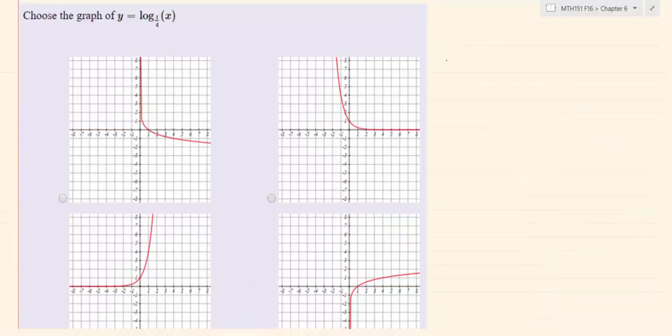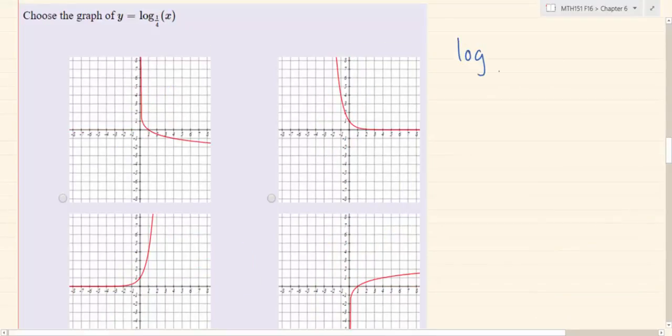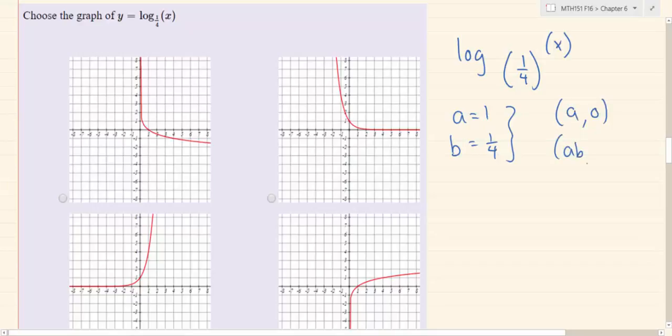So this one is log base 1/4 of x. A is equal to 1, b is equal to 1/4. So if we use this, we would go (a, 0) and (ab, 1). So (a, 0) is going to give us, again, (1, 0). That's pretty easy.